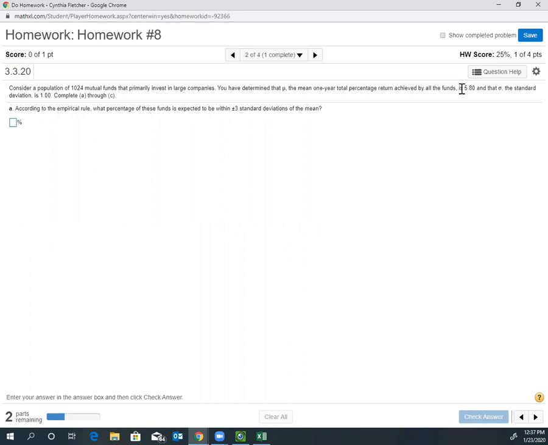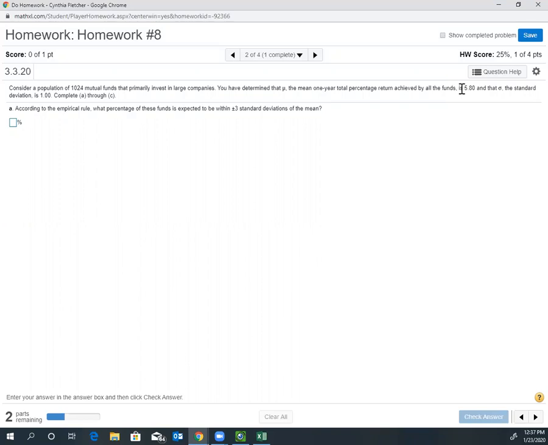And that sigma, the standard deviation, is 1.0. Complete parts A through C.